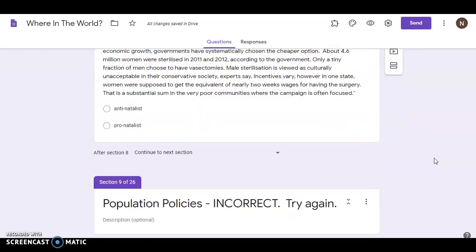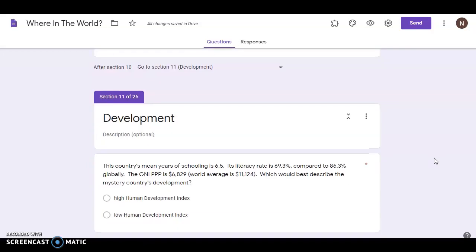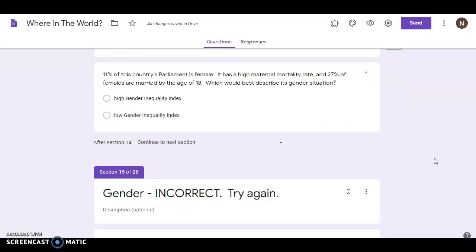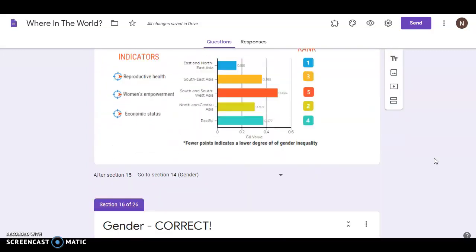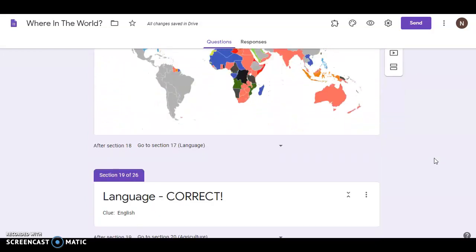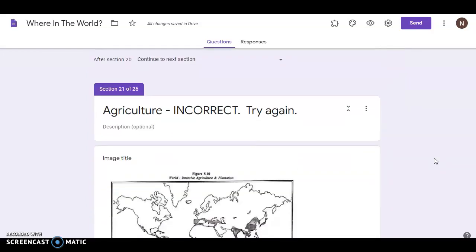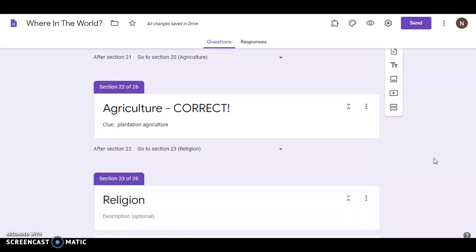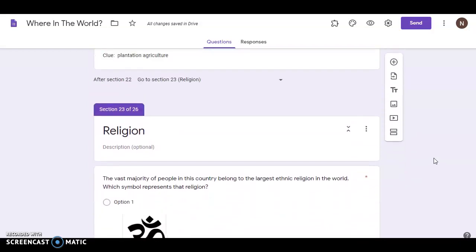Right, so you just work your way through. They went through all these different questions. We talked about development, gender equality, inequality, language, religion, agriculture. I did save the religion question for last because the language question told them that the language of English was forced upon them by their colonizers.